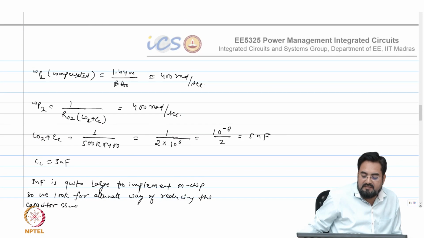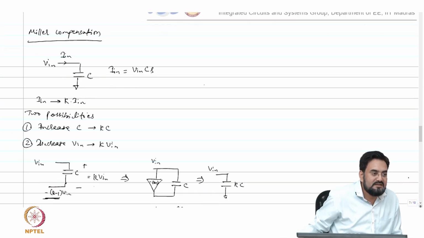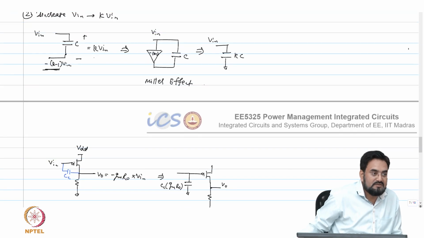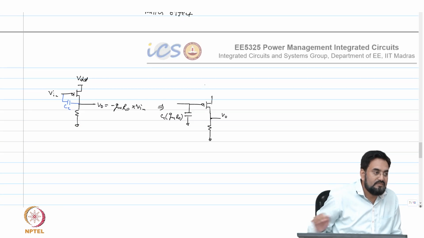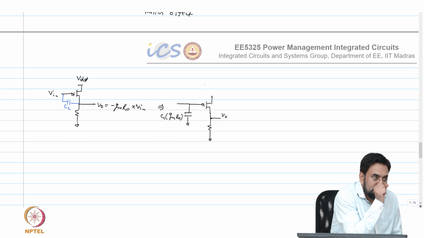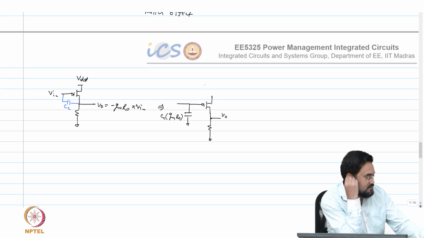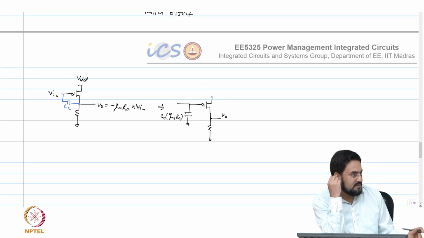So now divide your 5 nano by 300, 16 picofarad. Okay, so that is the capacitor you will require now, which is feasible to implement on chip. Correct?